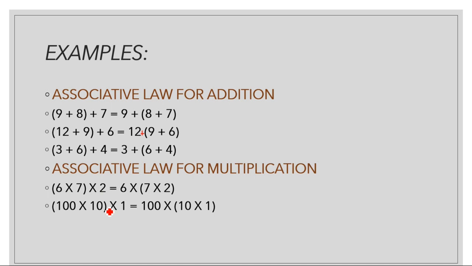Now 100 multiplied by 10 multiplied by 1 is equal to 10 multiplied by 1 and then multiplied by 100. Now 12 multiplied by 6 multiplied by 7 is equal to 12 multiplied by 6 by 7. According to BODMAS, first we have to solve the bracket. So when we solve this question, first we have to solve the bracket and then we have to solve the other numbers.